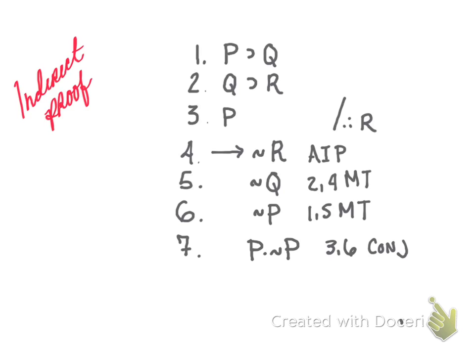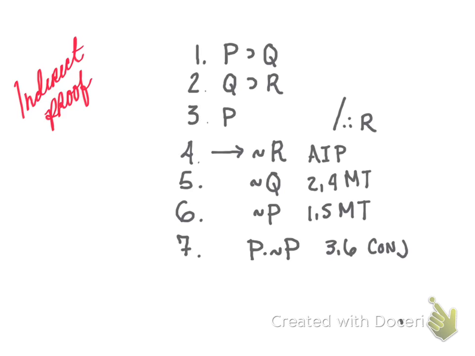So, a statement like this, where one conjunct is exactly the negation of the other, is an explicit contradiction. Here's a thing, and here's the negation of exactly that thing. So what we have on line 7 here is an explicit contradiction.